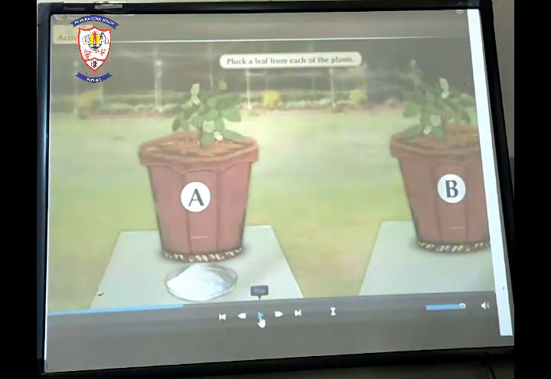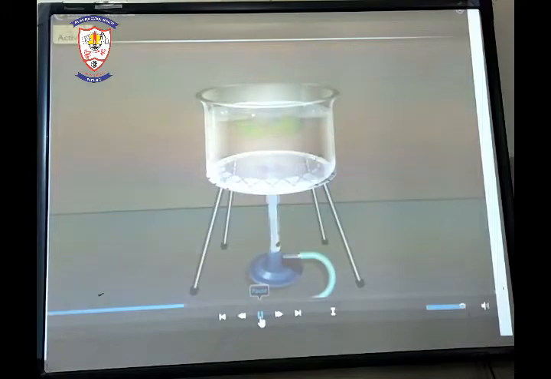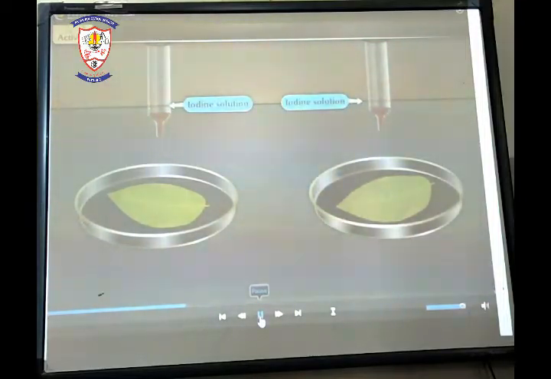Now pluck a leaf from each of these plants, from A and B. Now both the leaves have to be put in boiling water for a few minutes. Check the presence of starch with the help of iodine solution.